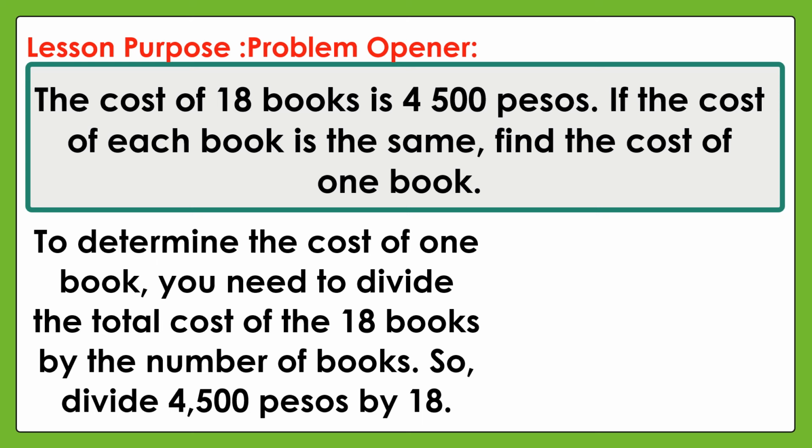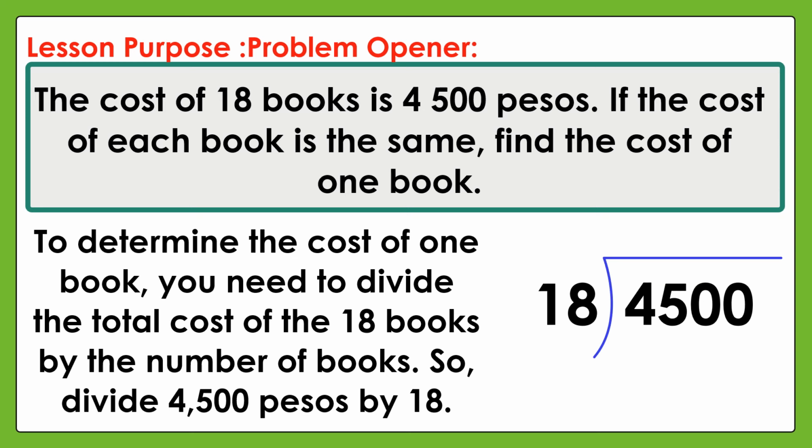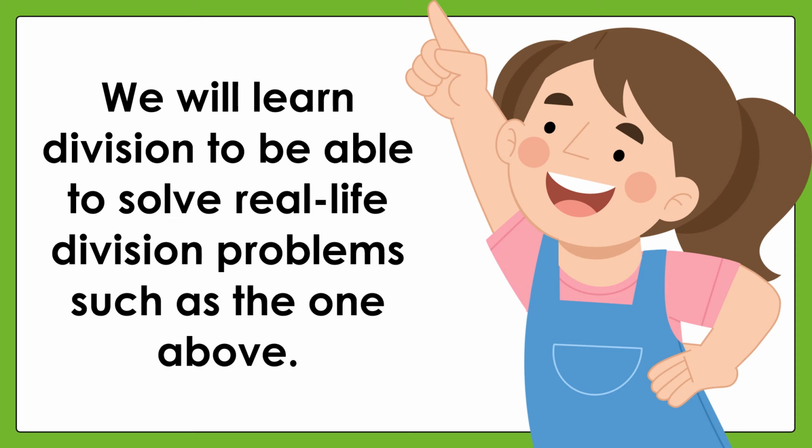So, divide 4,500 pesos by 18. So, this is what it looks like: 4,500 divided by 18. So today, we will learn division to be able to solve real-life division problems such as the one above.